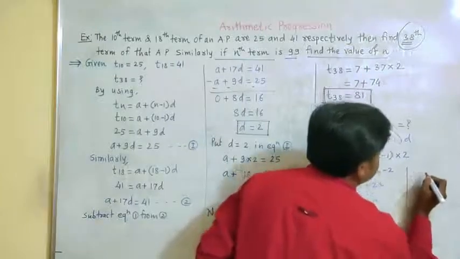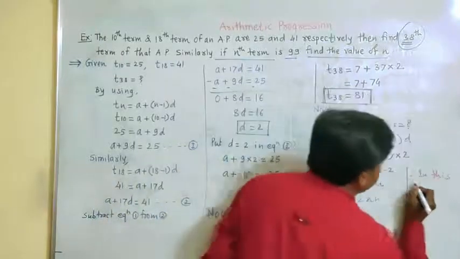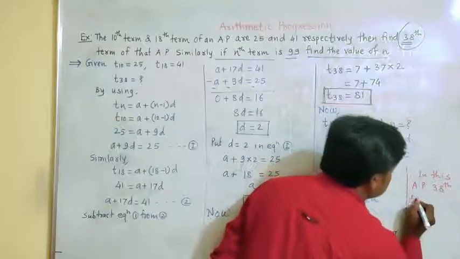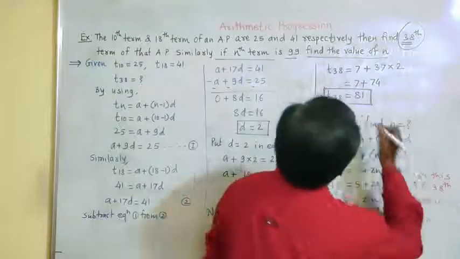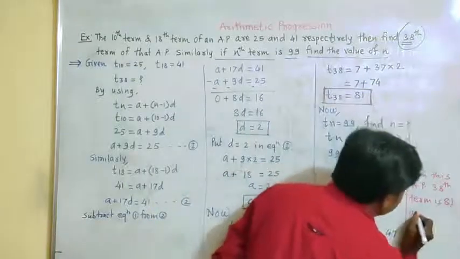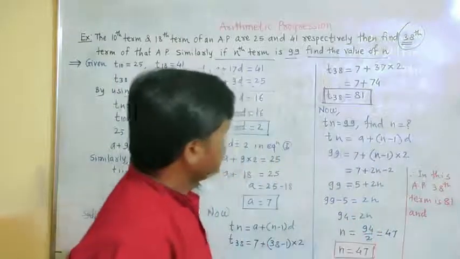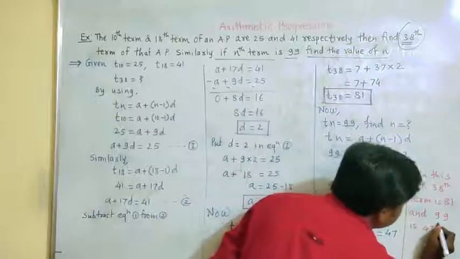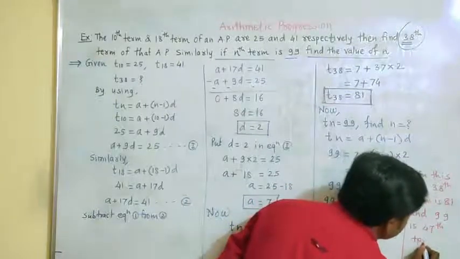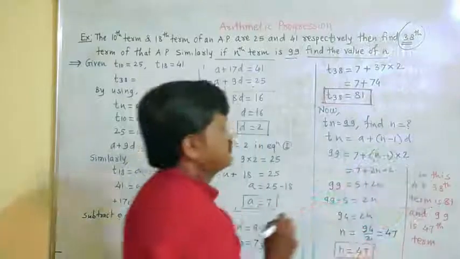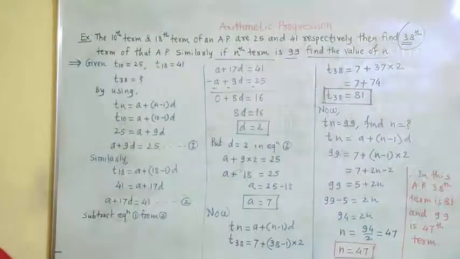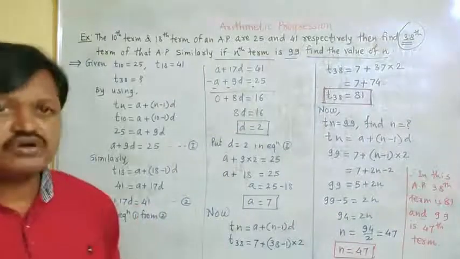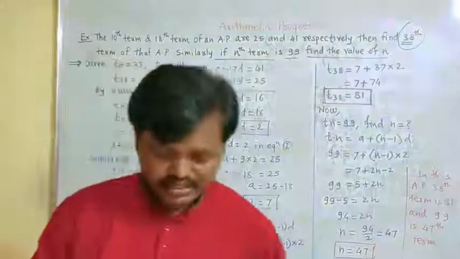In short, in this AP, the 38th term is 81 and 99 is the 47th term. So as we showed how to solve examples depending on the nth term of an AP, by using this you solve your practice set 3.2.